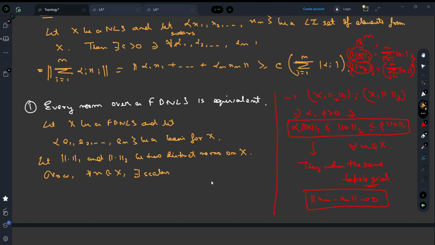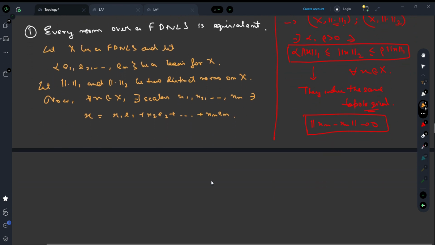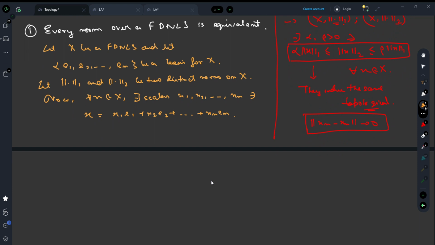So for all x in X, there exist scalars, say x1, x2, till xn, such that x is written as x1 e1 plus x2 e2 and so on till xn en. Clear?